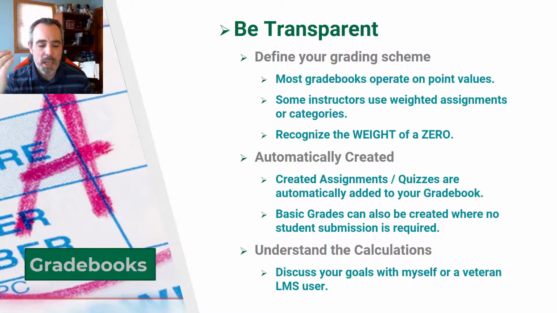So what that means is I could have 10 assignments and Johnny handed in the first assignment, got an A on it, but didn't hand in the next 9. Most grade books will still show him at a 100% because they are only basing the grade on the work completed. So keep in mind that if you are using a grade book, many times you have to define whether or not you want that to happen.